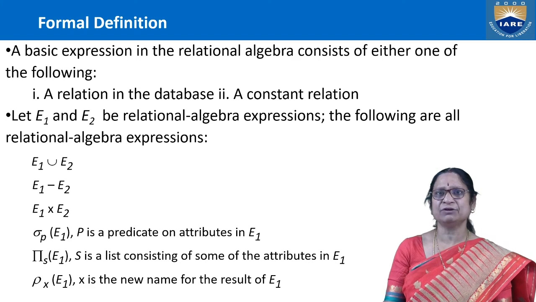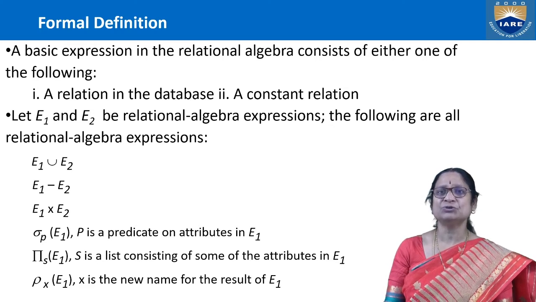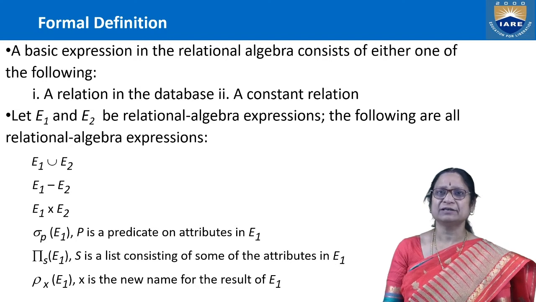By applying any of these operators, again we will get a relation only. That means inputs are relations, output is also a relation, so that it can be used as an input for further query processing.